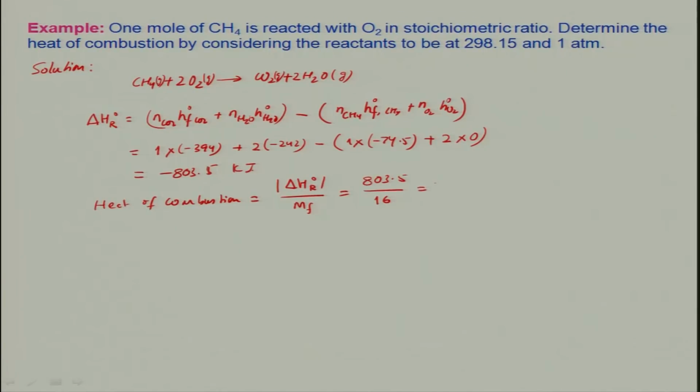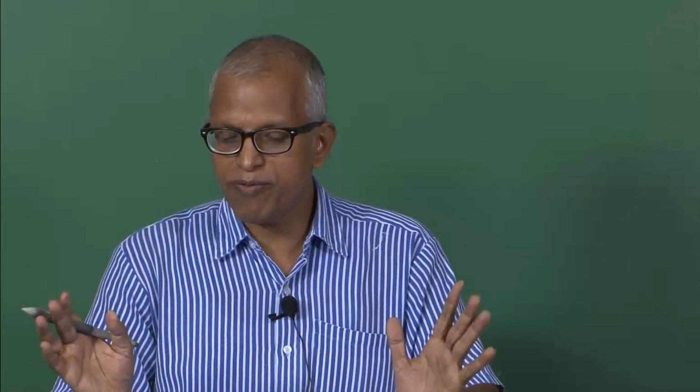This happens to be 50.2, with 10 to the power minus 3, so this will be megajoule per kg, which is a very big amount of energy being released. Just burn 1 kg of methane and you will get around 50.2 megajoule. Mega means 10 to the power 6 joule, a very huge amount.